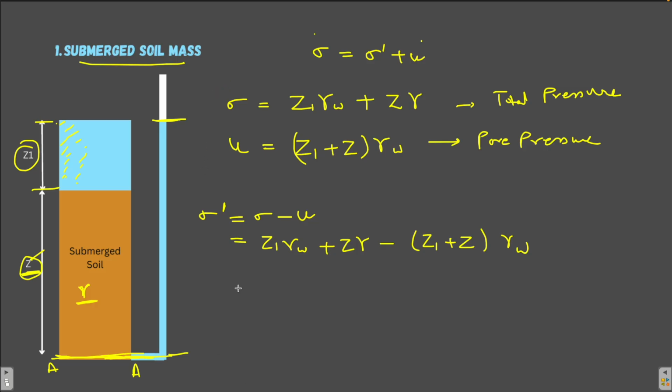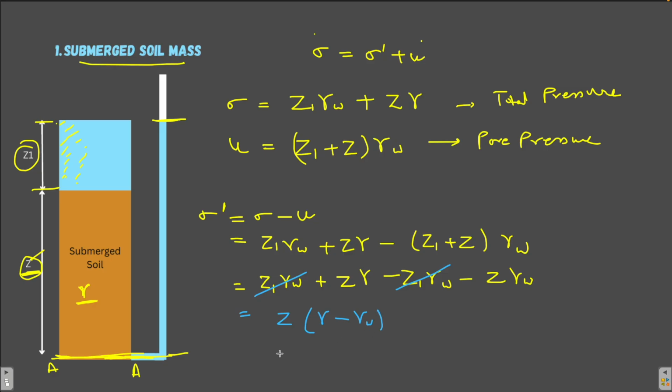That will give you Z1 gamma W plus Z gamma, the unit weight of the soil, minus Z1 gamma W and minus Z gamma W. Here you see Z1 gamma W and Z1 gamma W will be gone, and you will be left with Z into gamma minus gamma W.